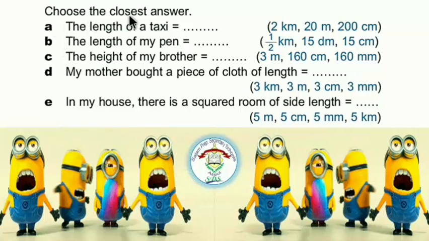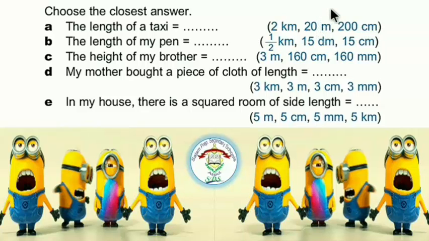Choose the closest answer. The length of a taxi equals... Please try to exclude the unrequired answers. 2 kilometers is not required because kilometer is used to measure distance. We have 20 meters, 200 centimeters.